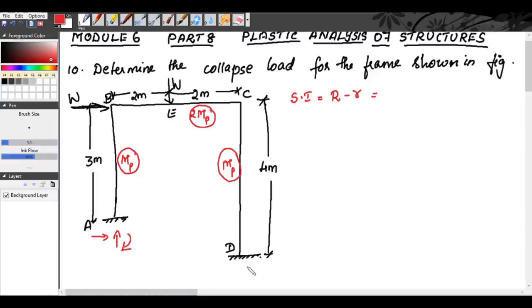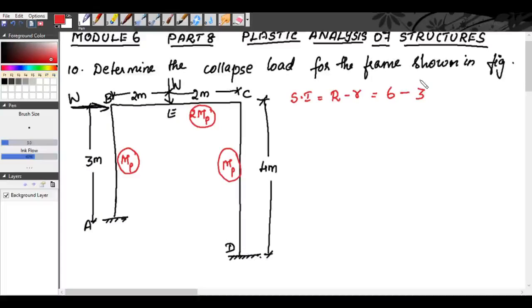Similarly, at D we will have 3 unknown reactions: one horizontal reaction, one vertical reaction and a moment. Which means we will have totally 6 unknown reactions, 3 at A and 3 at D. So 6 unknown reactions minus the number of equilibrium equations available for frames, which is 3.